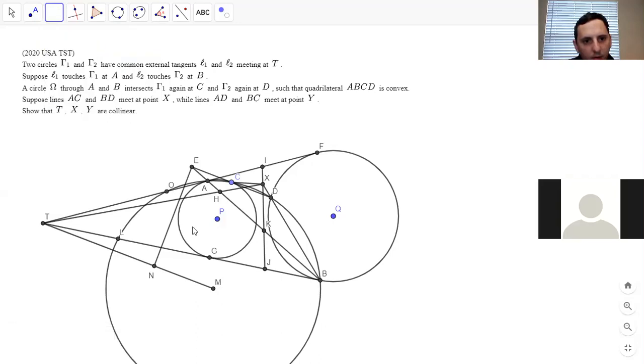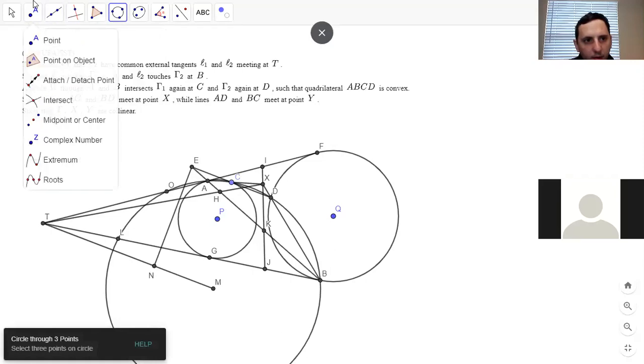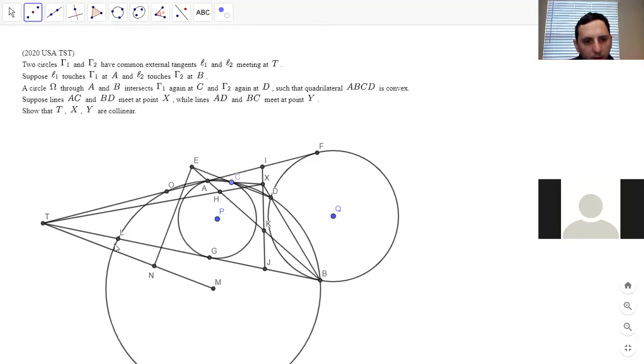Let's see. So what if we drew the circle with diameter TM? Let's see.